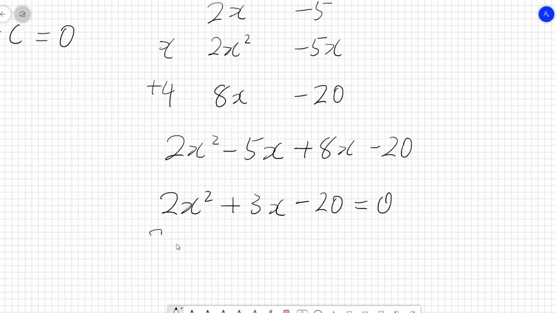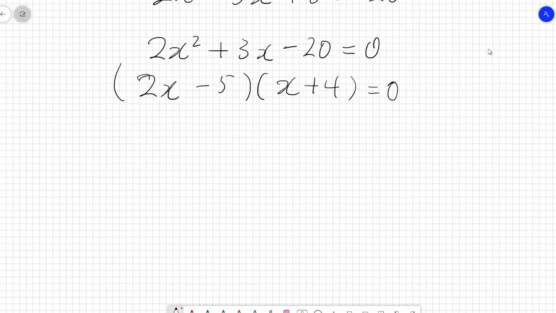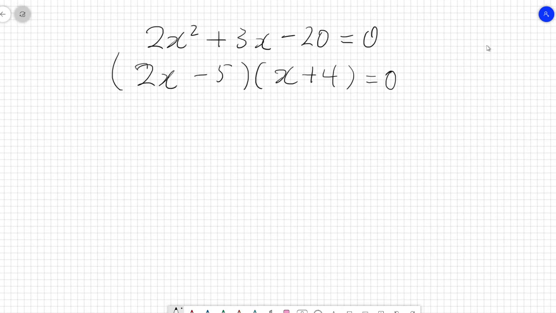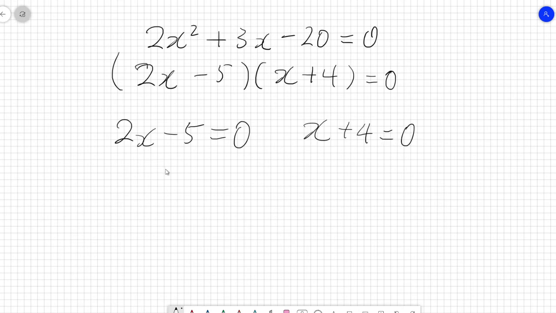So it should be 2x minus 5 times x plus 4 equals 0. Just like last time when solving quadratic equations, you can say either 2x minus 5 equals 0 or x plus 4 equals 0. In this case, 2 times x has to be 5, so x has to be 2.5. And here, x plus 4 equals 0, so x has to be negative 4. And these are our solutions.